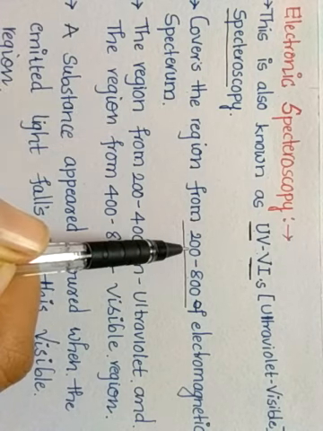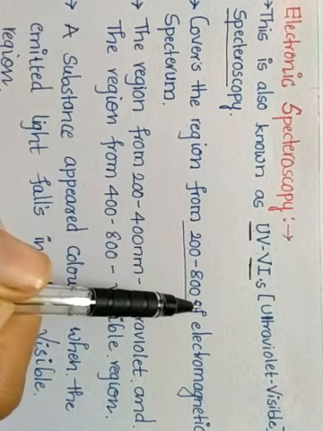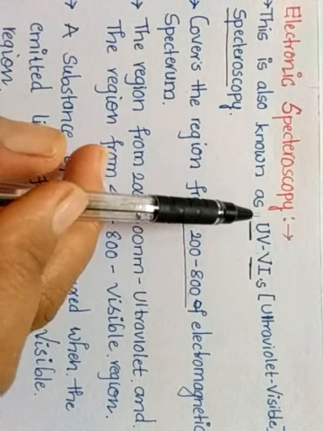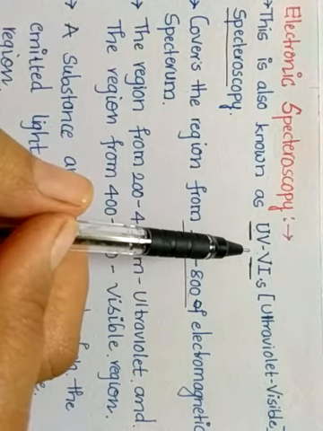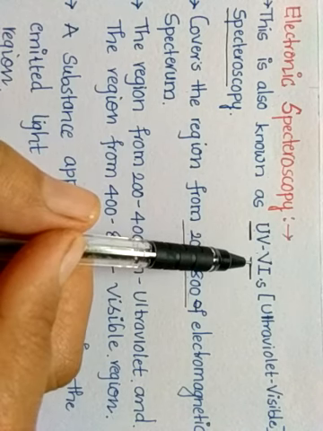Now, in this 200 to 800 region, how much belongs to UV and how much belongs to visible?